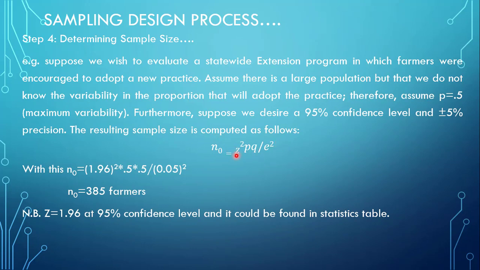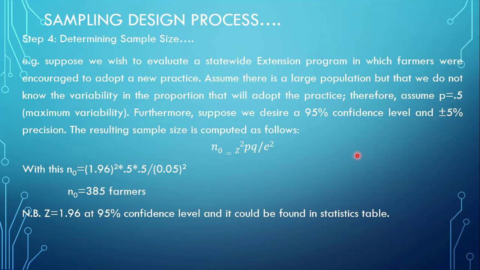So z value, you could acquire the value from the statistics table at confidence level of 95%. So at a 95% confidence level, the value will be 1.96. P is 0.5.